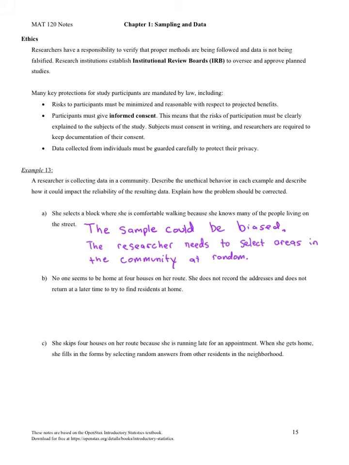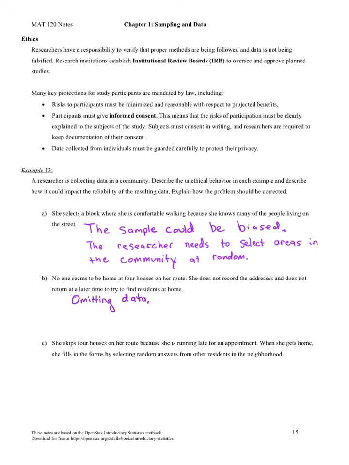In letter B, no one seems to be home at 4 of the houses on her route. She does not record the addresses and does not return at a later time. In this case, the researcher is intentionally omitting data. This will likely create bias in a sample.